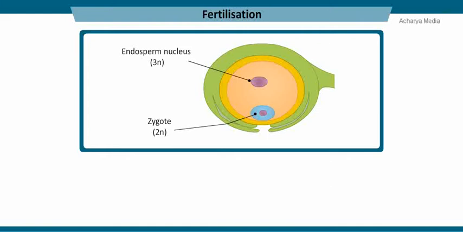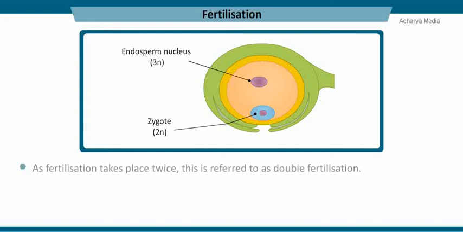The second male nucleus fuses with the secondary nucleus, producing a triploid, that is 3N cell. As fertilization takes place twice, this is referred to as double fertilization.